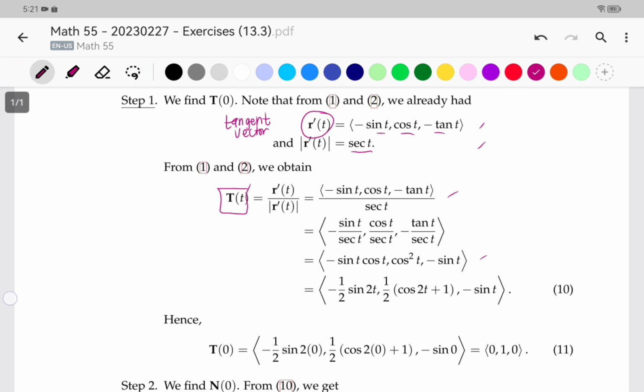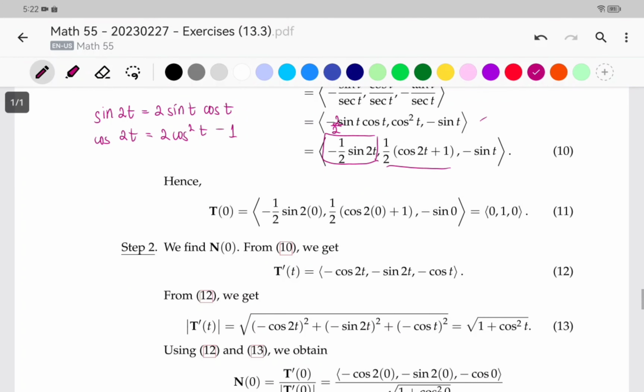But then, if we make use of double angle identities, for example, sine 2t is 2 sine of t cosine of t, so we can introduce a 2 and divide by 2, and eventually you're going to have negative 1/2 sine 2t. We also know that cosine 2t is 2 cosine squared of t minus 1, so you can manipulate this to get 1/2 times cosine 2t plus 1.